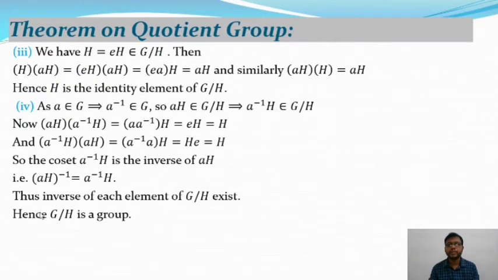Thus the inverse of each element of G/H exists. Hence G/H satisfies the following four properties: closure property, associative property, identity property, and the inverse property. Hence it is a group. That means G/H is a group.